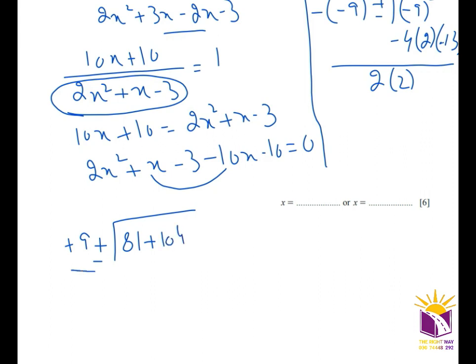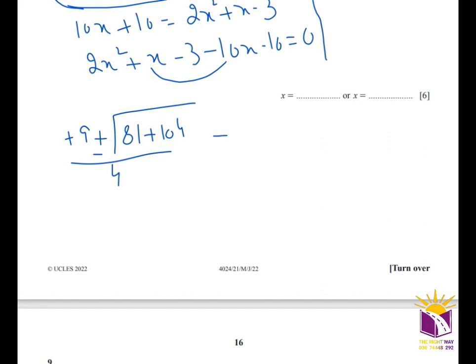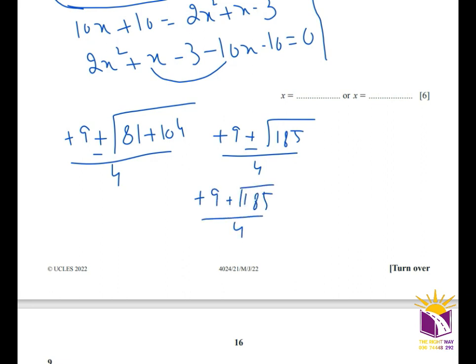So 81 plus 104 is 185, divided by 4, and it will be equal to (9 ± √185) / 4, which gives (9 + √185) / 4 and (9 - √185) / 4.